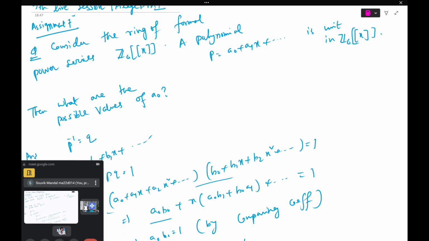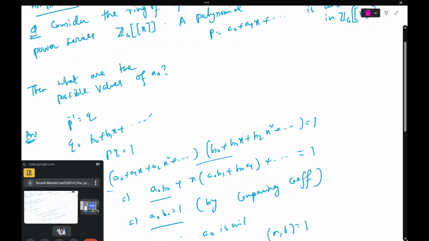So first today we shall start with the assignment 7 solution. Before going through this, tell me, do you have any doubt or confusion related to the last live session or the search lecture? If you have any doubt, please ask.